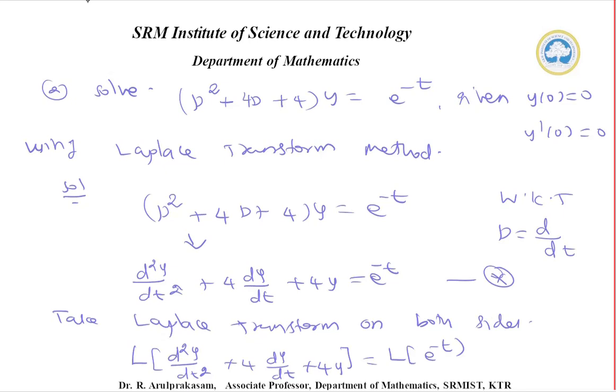Sometimes this equation is also denoted as y'' + 4y' + 4y = e^(-t), so I can rewrite the equation in this manner also.